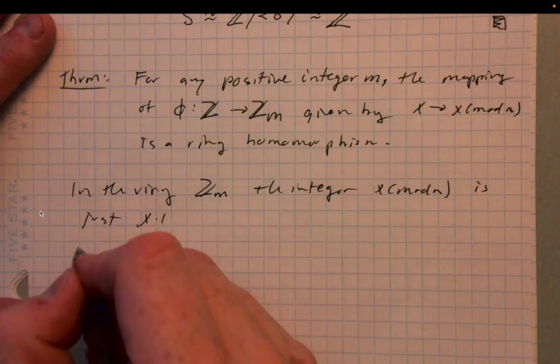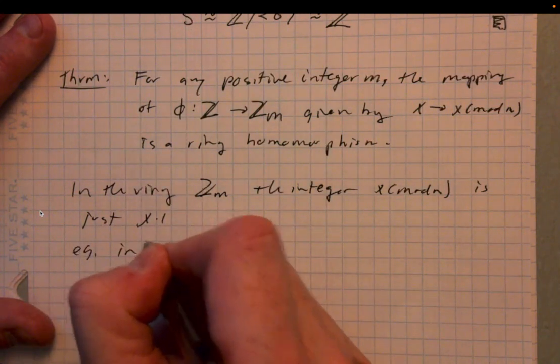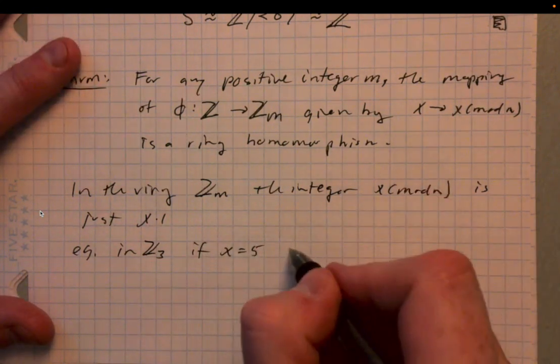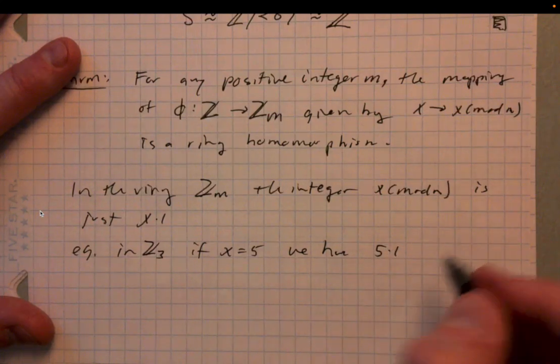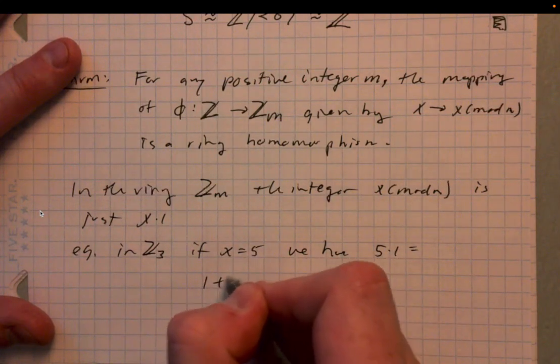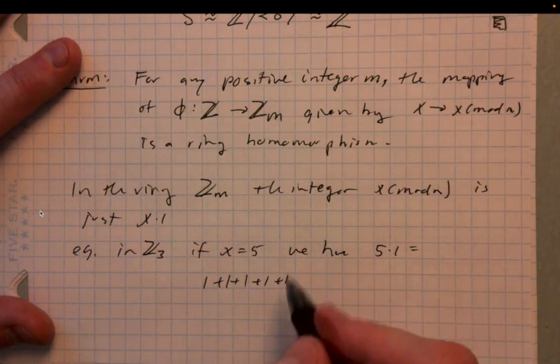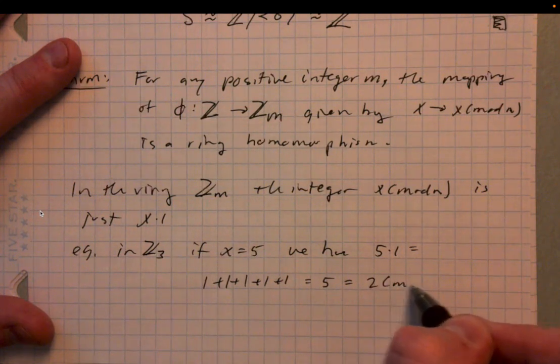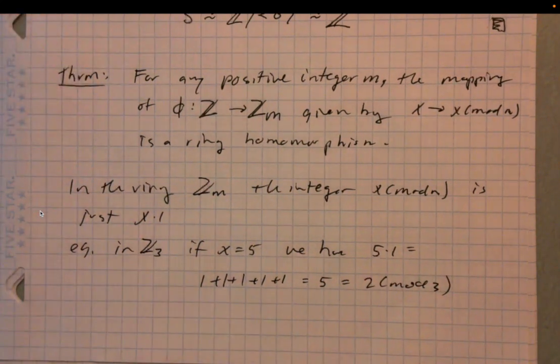So for example, in Z3, if x equals 5, we have 5 times 1 is equal to 1 plus 1 plus 1 plus 1 plus 1, which is 5, which is equal to 2 mod 3, sorry. And so that's where that comes from, right? You can use that previous theorem to show this, and you could spend a little more time fleshing this out if you want.